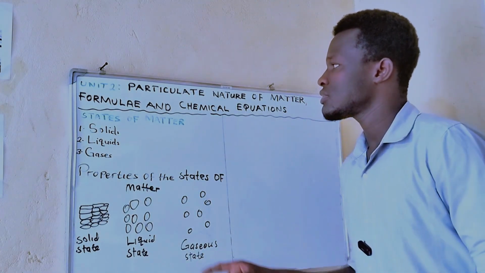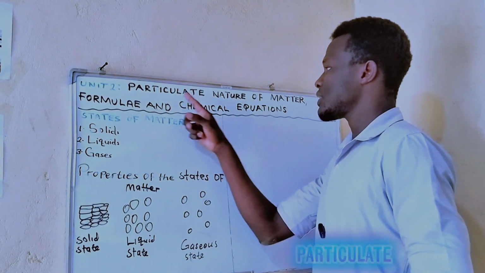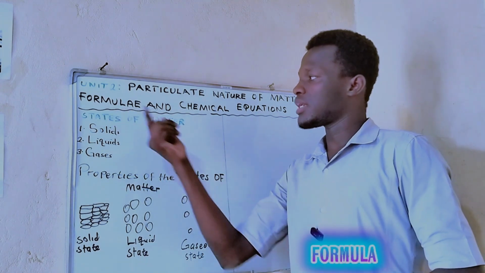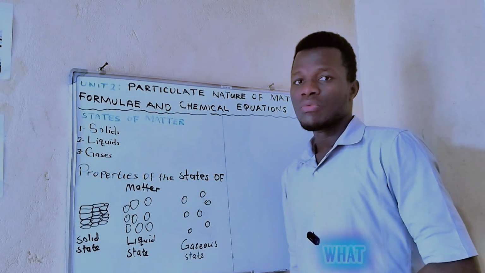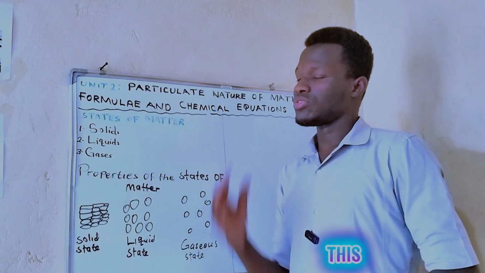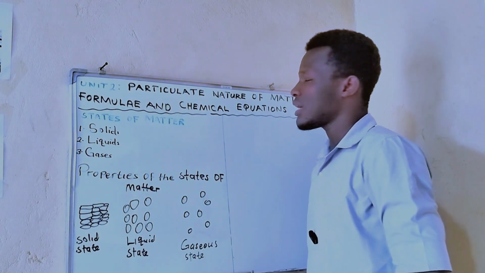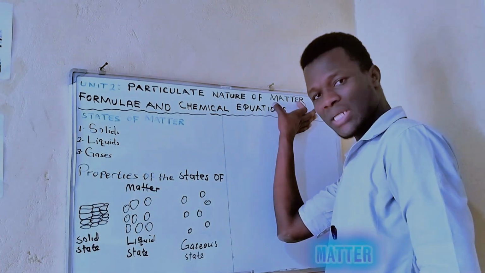particularly talking about particulate, which comes from the word particles, particulate nature of matter, the formula, and the chemical equations. What we are going to do in this unit, we're going to look at the nature of particles, particularly when we're talking about matter.